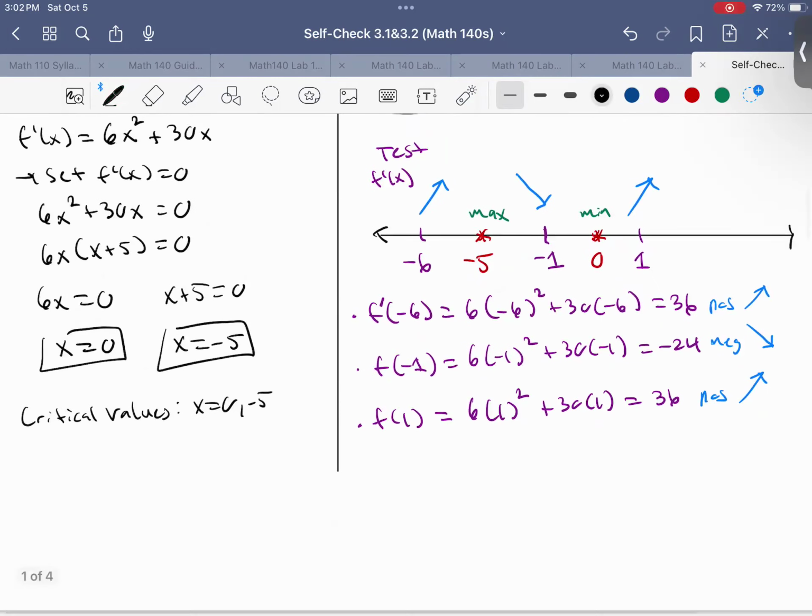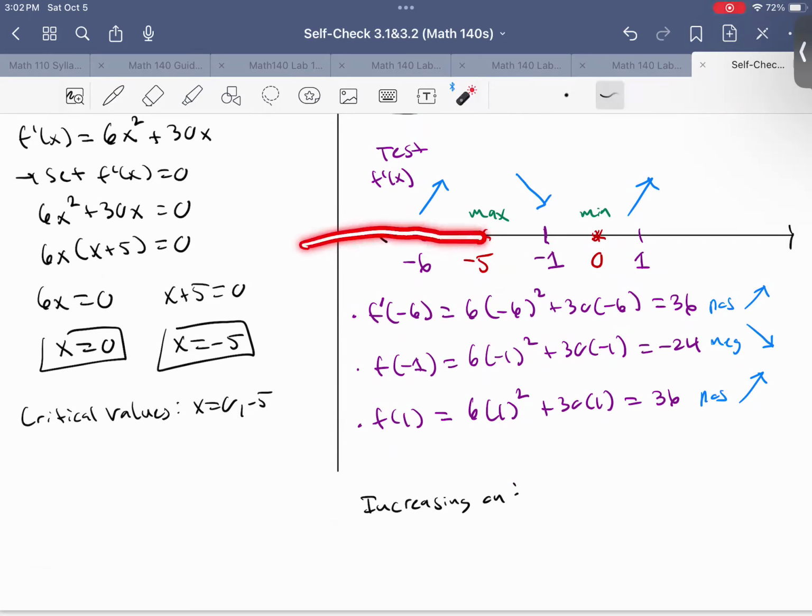So let's go ahead and write that in a statement. So what we would say here is increasing on, coming from negative infinity all the way to -5. Right? We're increasing from negative infinity to -5. Remember, we're talking about these guys. Be careful not to write your purple ones. All right, those are just random test points.